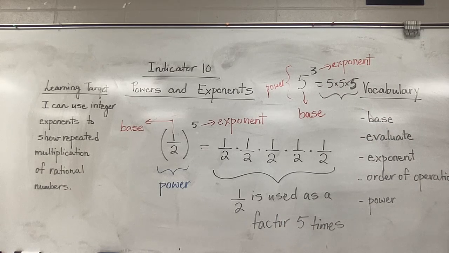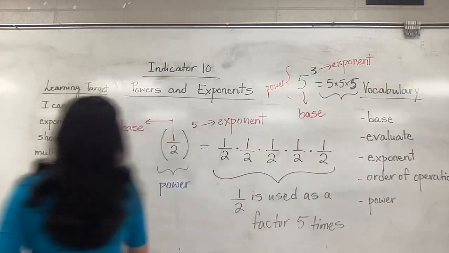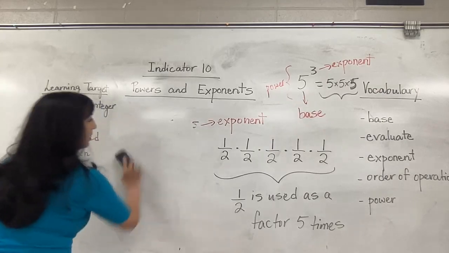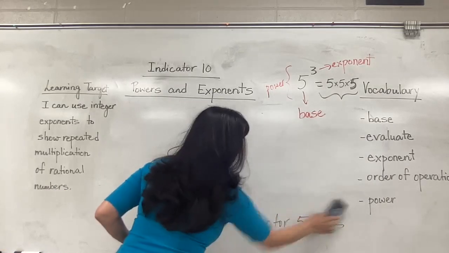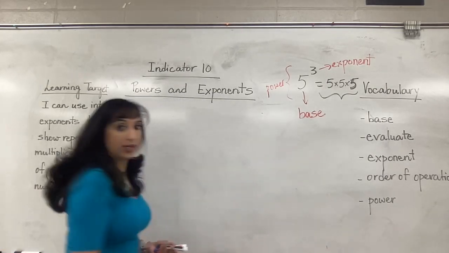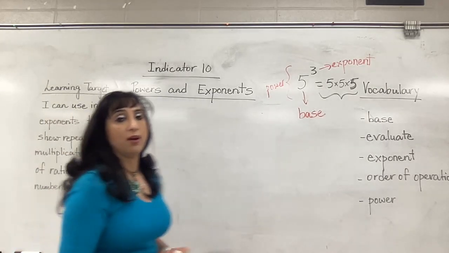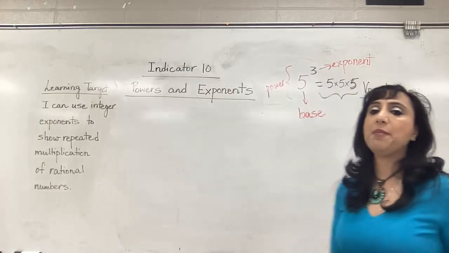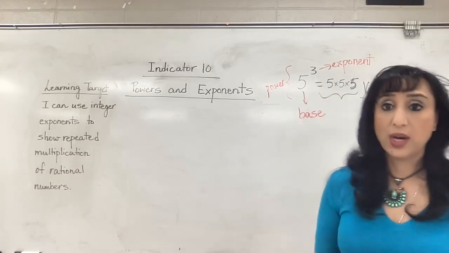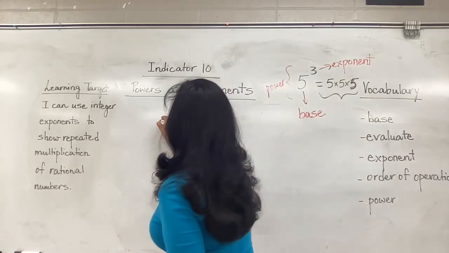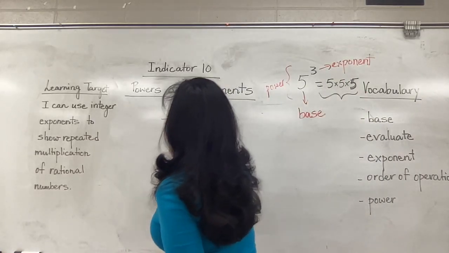All right, so let's do some quick examples. How you read the exponents is very important to understand. First and foremost, any number to the 0 power is going to be 1. So let's say I give you 3 to the 0 power.